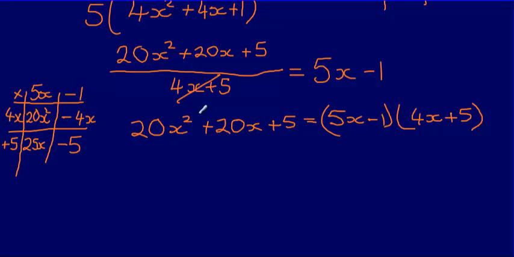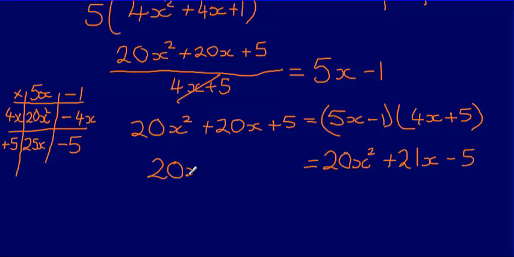So when I simplify this, this is going to give me 20x², then minus 4x plus 25x, so that's plus 21x, and then minus 5. And that is equal to 20x² + 20x + 5.